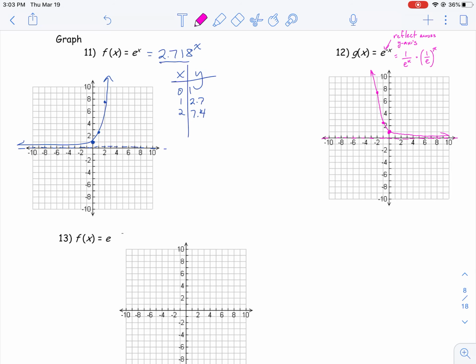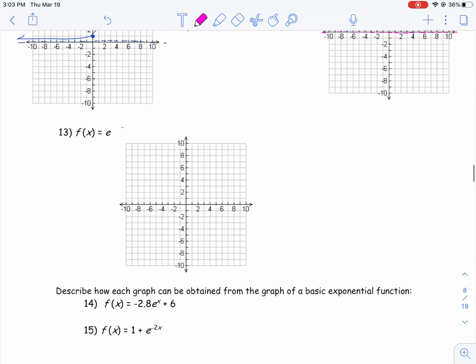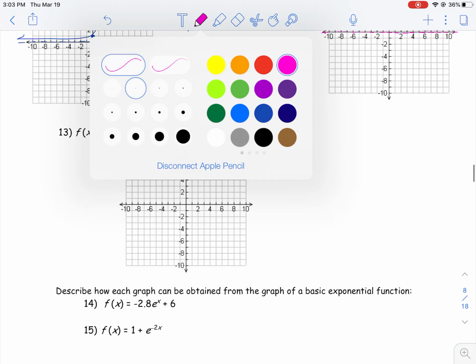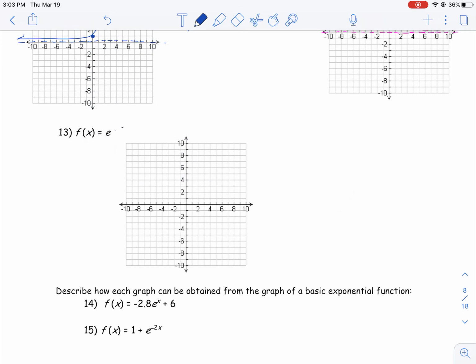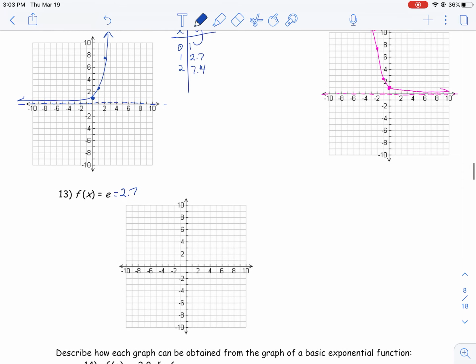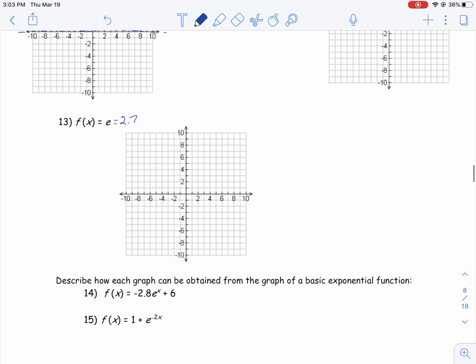Okay. And the last one, this one's a little bit of a trick here. You'll notice there's no x, it's just the function equals e. What that's saying is the function is equal to a number, which is 2.718, so on. What does that look like?